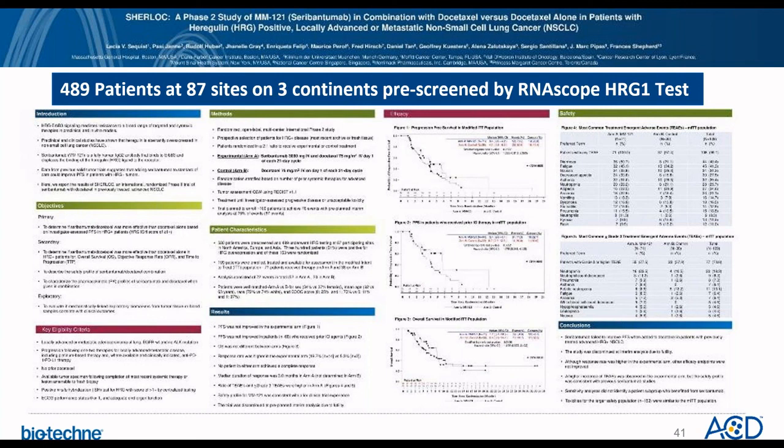And the performance of RNAscope was highly robust and reproducible on this large number of patients.